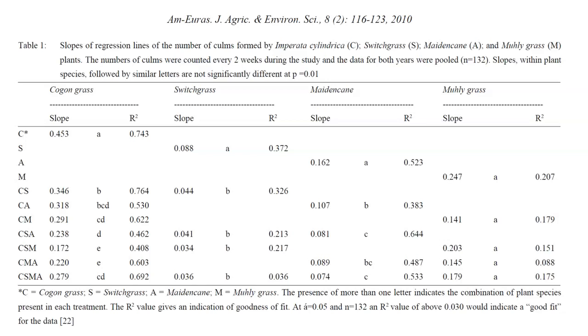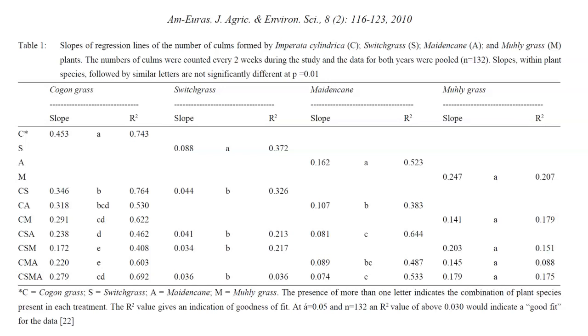So when we look at it, we start out and it shows you a slope of something like cogongrass periods. We know that our time period in here is every 2 days, and we're looking at this over a growing period. There should have been representatives in here. It's down at the bottom. It says cogongrass, switchgrass, maiden cane, muhly grass. The presence of more than one letter indicates a combination of plant species in each treatment.